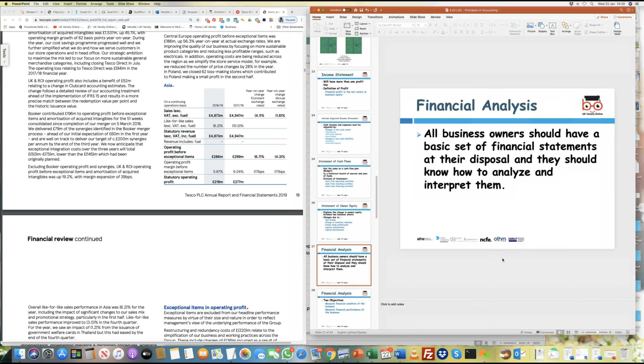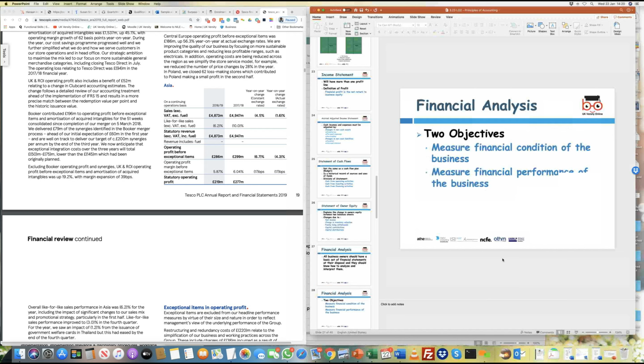The second is to understand how the business is performing. So one is the condition. The second is the position in terms of performance, whether the business is increasing, whether the business is making more profit. As you can see here, if you look at the sales from the previous year to the next year, in 17-18 the sales in Asia were 4.9 billion.